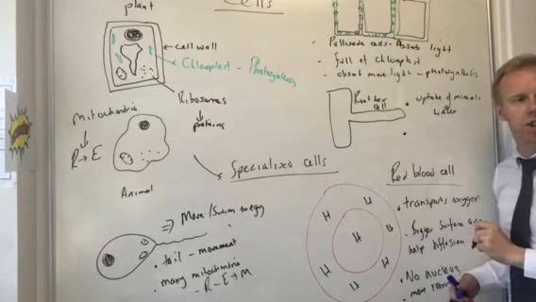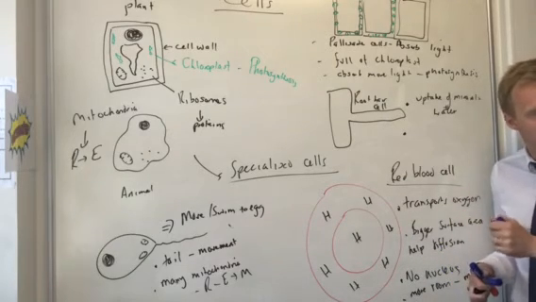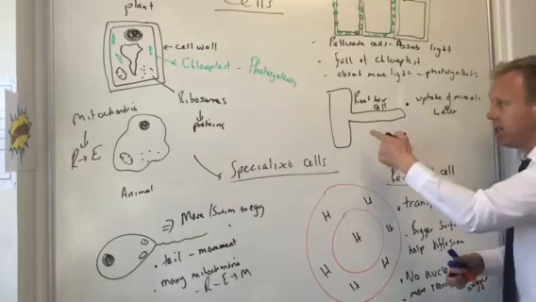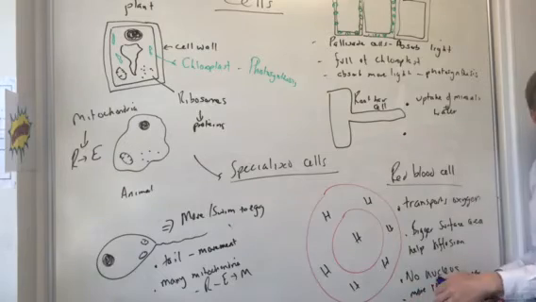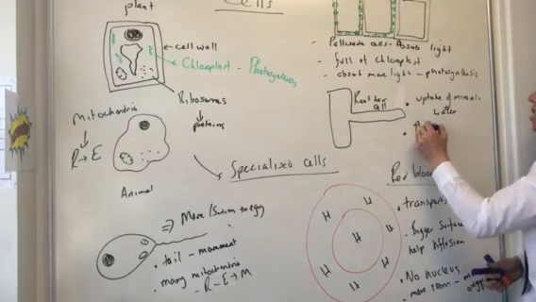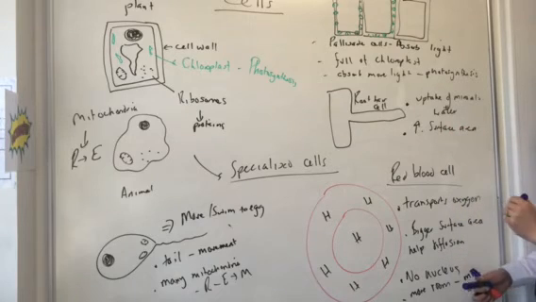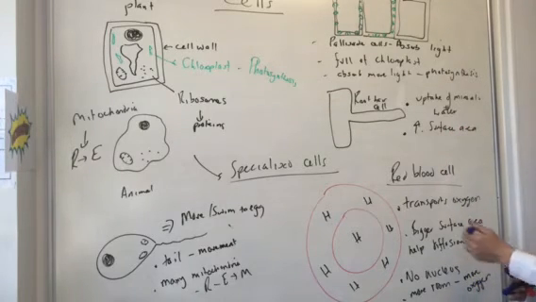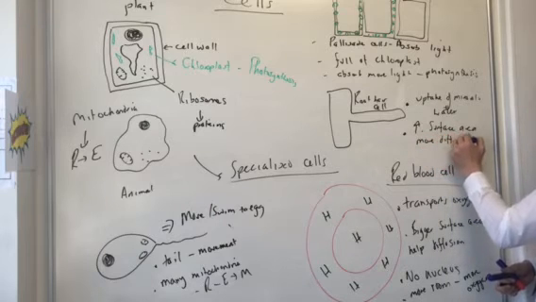This is the adaptation. That is almost the hair in the root hair cell. And this is very much like this. This is beneficial because it increases surface area, which means there will be more diffusion.